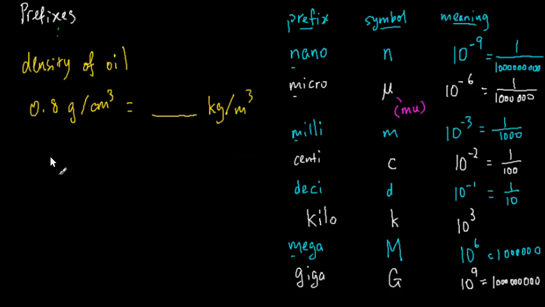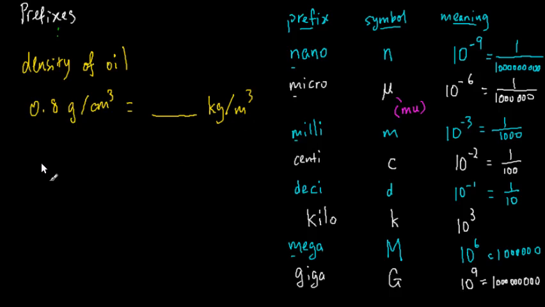So let me run through this example now, and hopefully you'll get it right next time. In order to do the conversion, we need to look at the units one by one. We need to think about how to convert grams to kilogram.